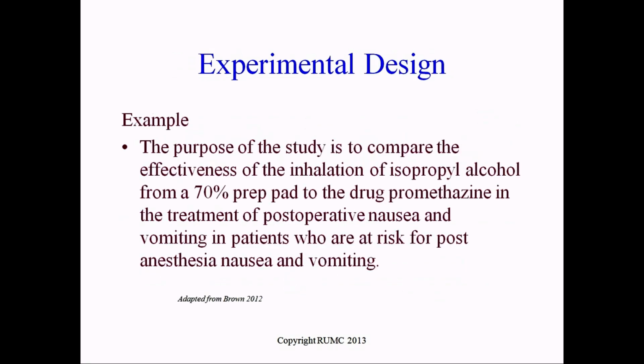So let's give you an example to hopefully put this all into context. An example of an experimental design would be something like this: the purpose of a study is to compare the effectiveness of the inhalation of isopropyl alcohol from a 70% prep pad to the drug promethazine in the treatment of post-operative nausea and vomiting in patients who are at risk for post-op anesthesia, nausea, and vomiting.